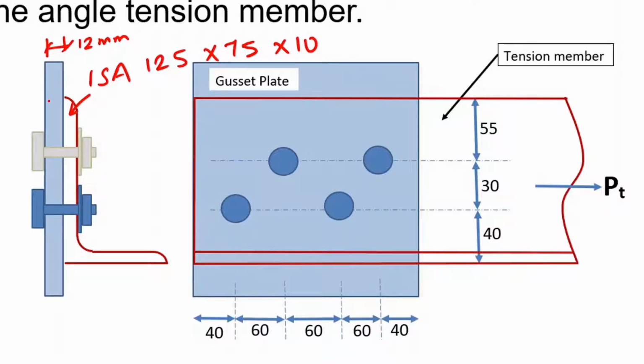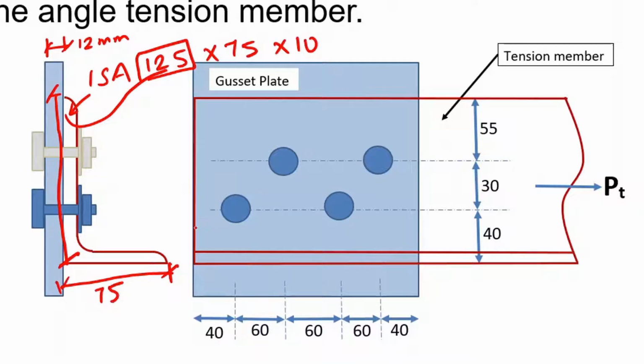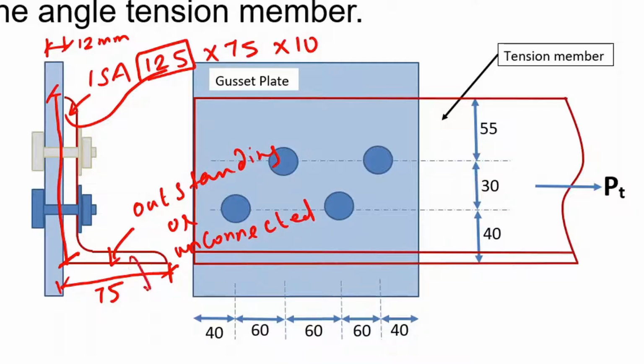That means the long leg, this length of leg, is 125 mm. The long leg is connected to the gusset plate, and this leg length is 75 mm. The outstanding or unconnected leg is the short leg.